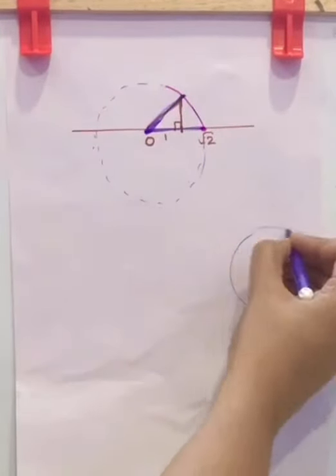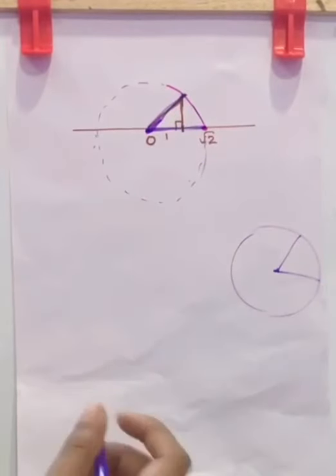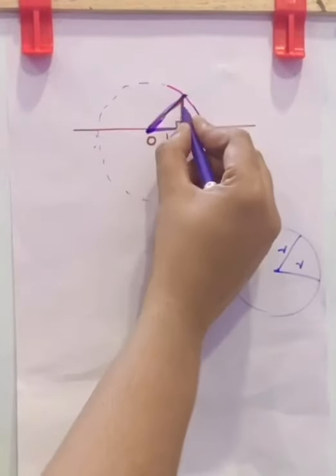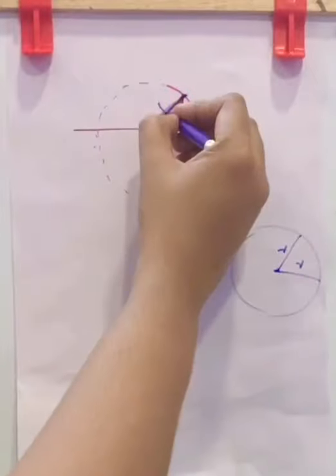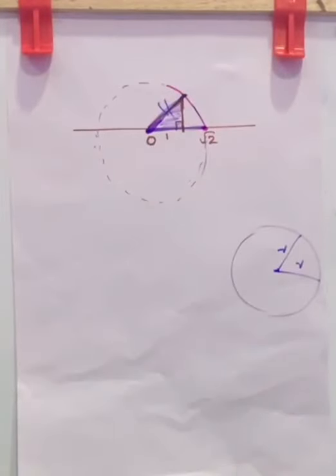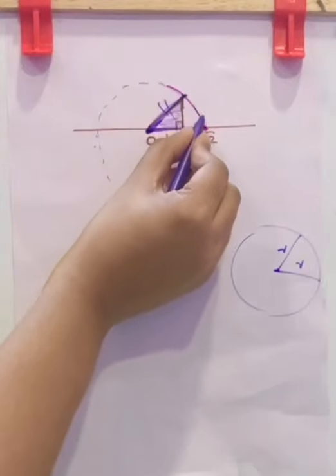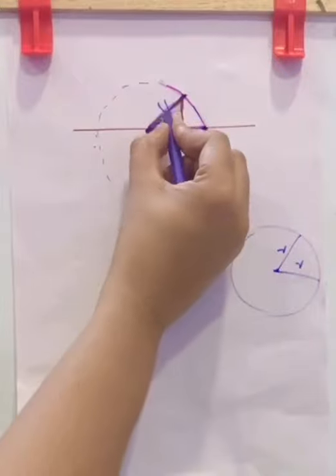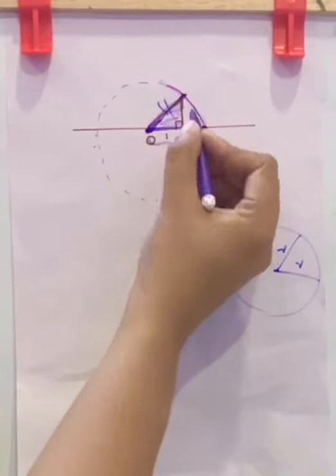That is, in a circle, the distance from center to the circle is the radius. So, from this right triangle, we are getting the value of the hypotenuse. That is why we say that if we join an arc here to the number line, it will be this value, because this is also a radius.